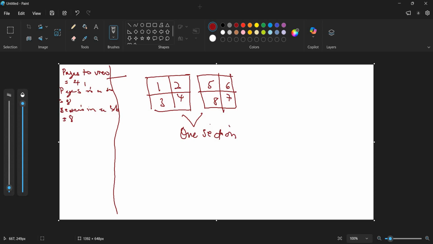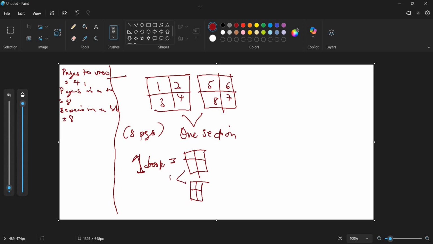Are you okay? And then this is the 8 pages in a section, in one section. And then when we come here, sections in a book, that means when we take one book, one book should consist of this 4 pages to view, one.